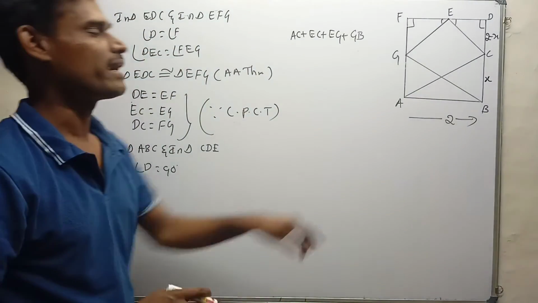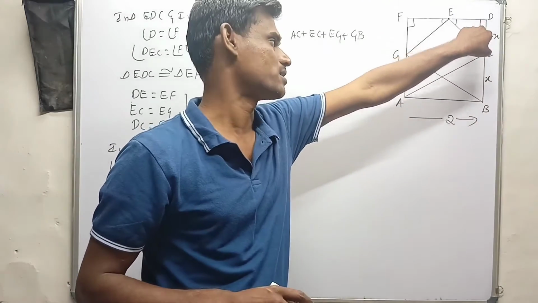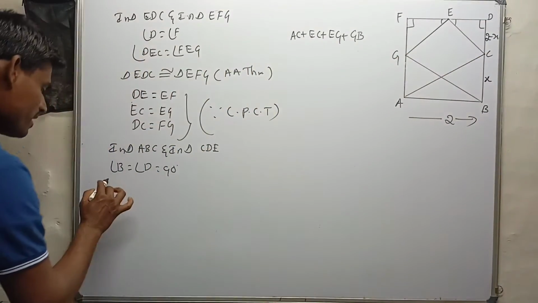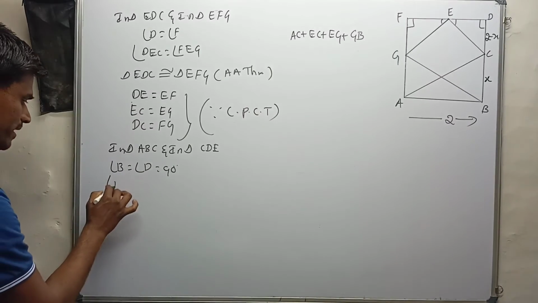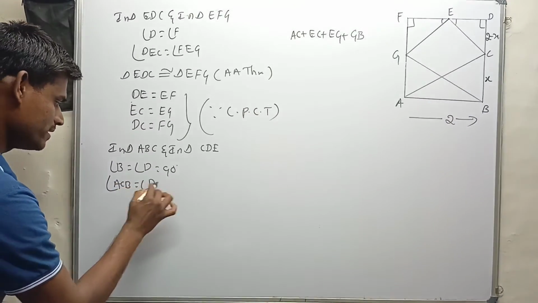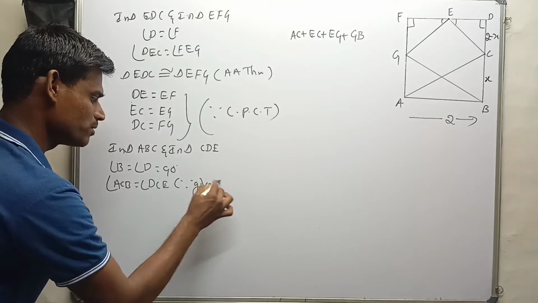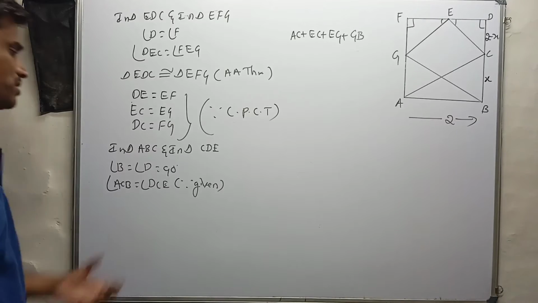Then it is given that the angle of incidence is always equal to the angle of emergence. So we can write that angle ACB is equal to angle DCE. Reason: it is given that the angle of incidence is equal to the angle of emergence.